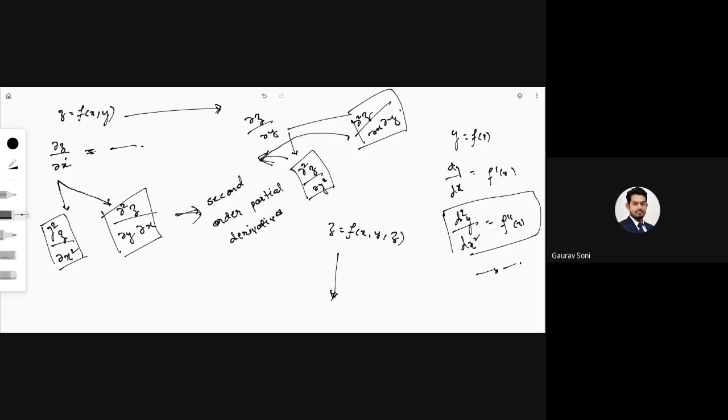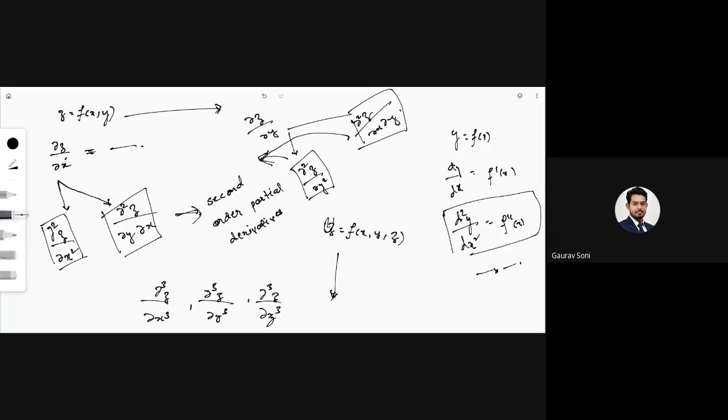How many different possibilities can we get? So what are the things I can have? Third derivative of u with respect to x. I can take third derivative with respect to y. I can take third derivative with respect to z.